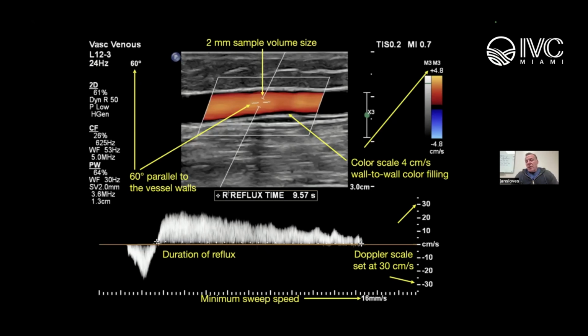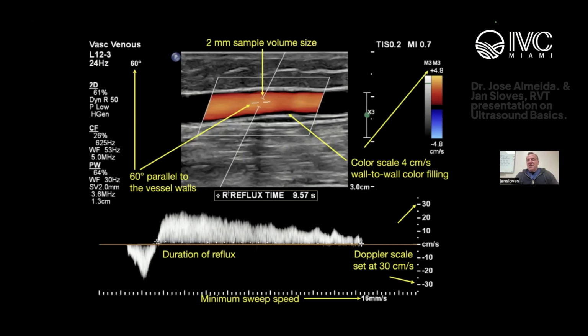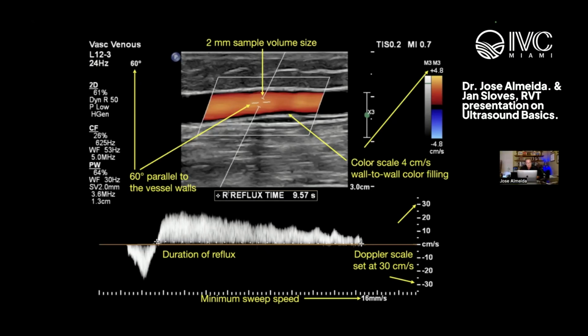And again, you want to always use proper technique, get high quality diagnostic imaging, and make sure you always answer the clinical question on your patient accurately. So on the left side of the screen, the top is the actual probe. 2D is grayscale information. CF is color flow information. And PW is pulse wave information. Triplex.